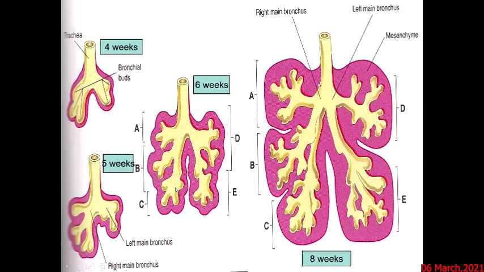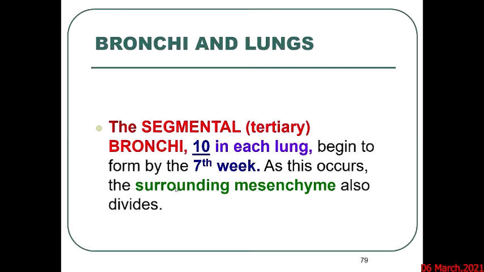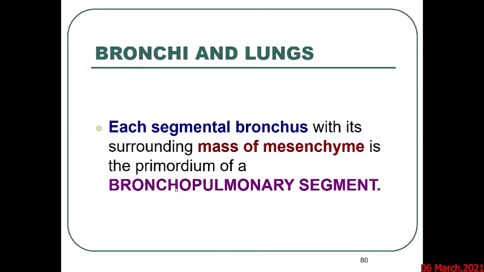Now the splanchnic mesoderm starts to divide in 8 weeks. Each segmental bronchus with its surrounding mass of mesenchyme is the primordium of bronchopulmonary segment.